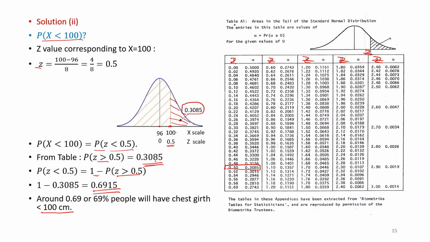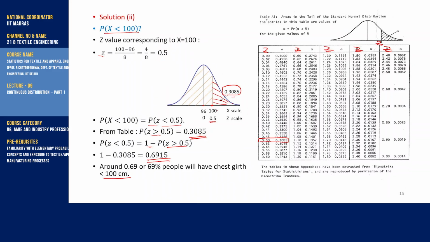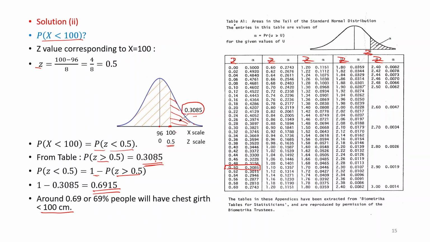So it's a common mistake, depending upon which table a person is using, that if someone is using this kind of table as shown here, that he quotes the value 0.3085, and the answer becomes wrong, because you have to be very careful that this particular table gives values of the area which is greater than whatever value of Z you get.